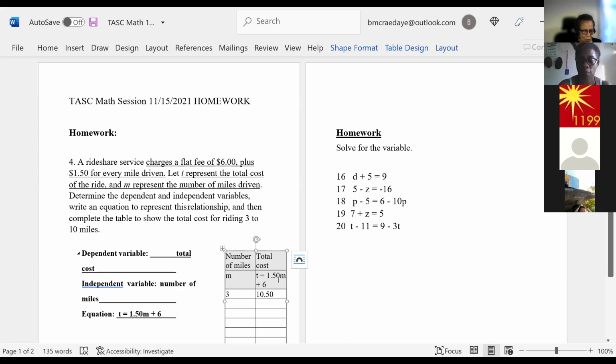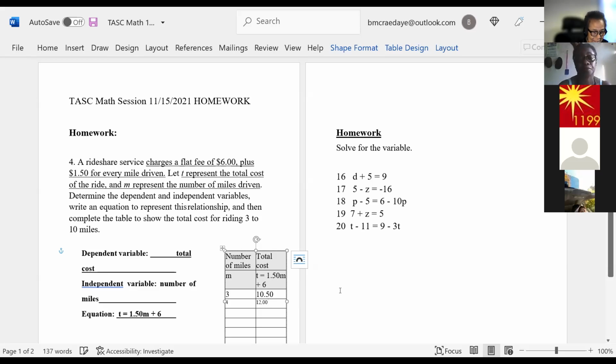Now, if you go 4 miles, what would it be? You calculate 4 miles by multiplying 1.50 by 4, that's 6. Then 6 plus 6 is 12. Yes, it'd be $12.